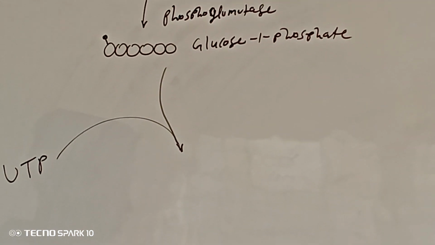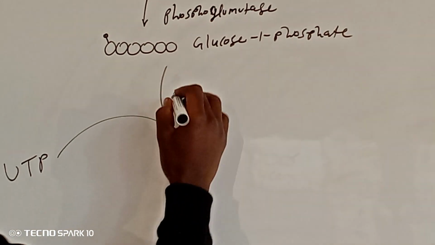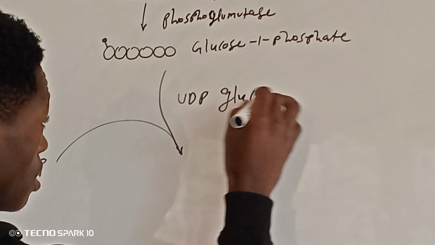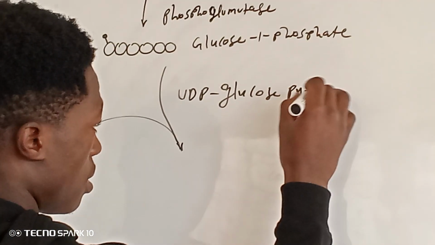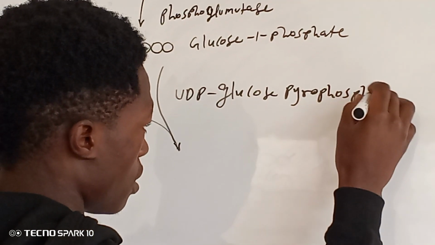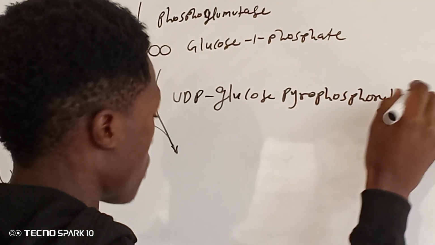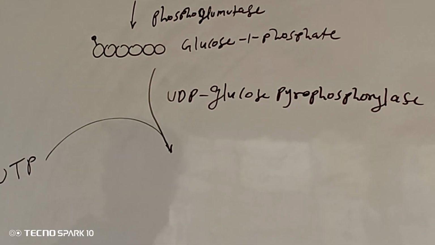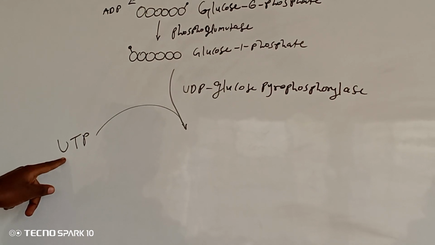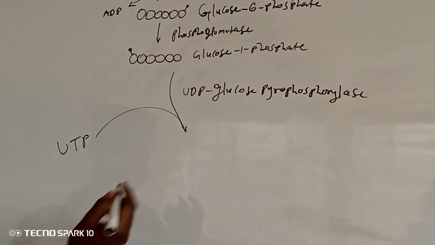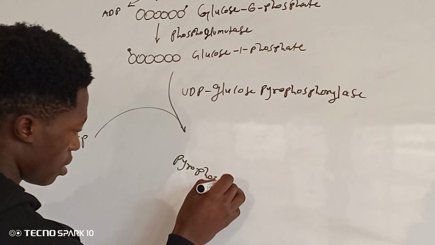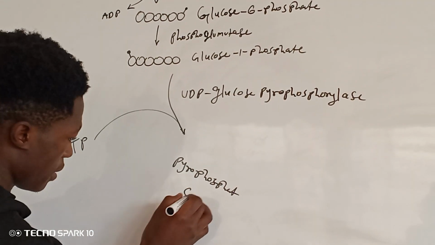They are going to react in the presence of an enzyme called UDP-glucose pyrophosphorylase. What this enzyme is going to do is take this uridine triphosphate and form pyrophosphate, which has two phosphate molecules.